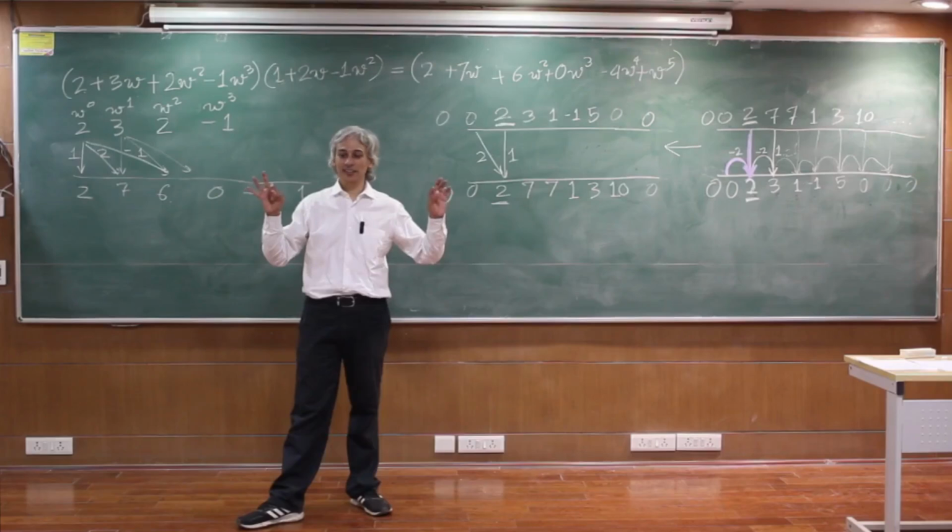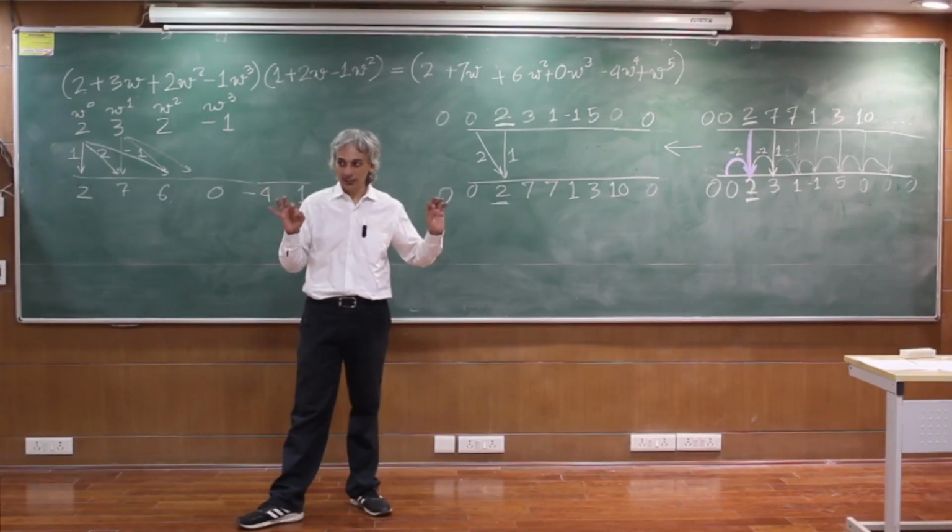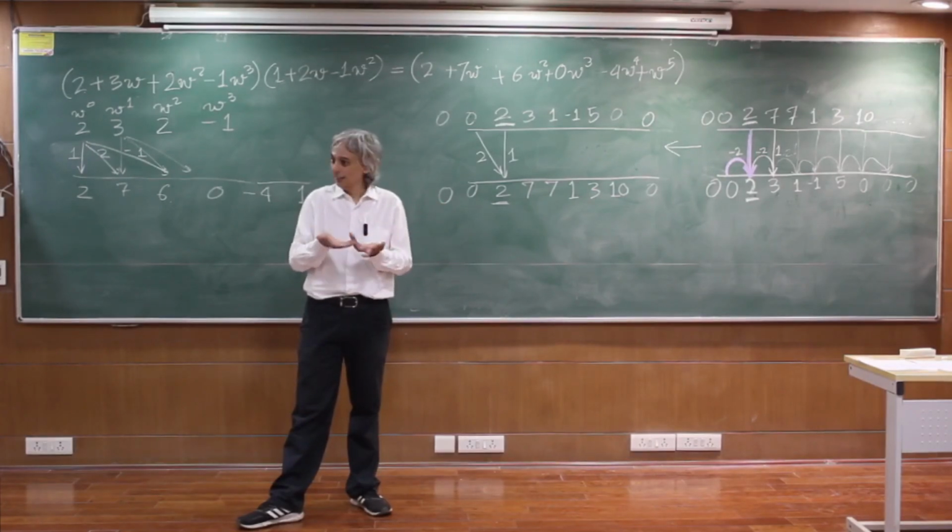Okay. Remember, the convolution rule is also the impulse response. So if I ask you what is the convolution rule of this thing, just calculate the impulse response. Do it.